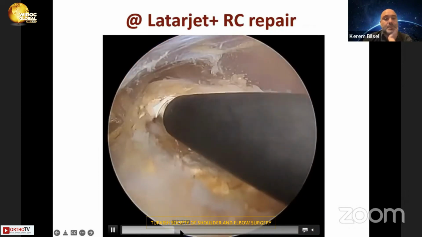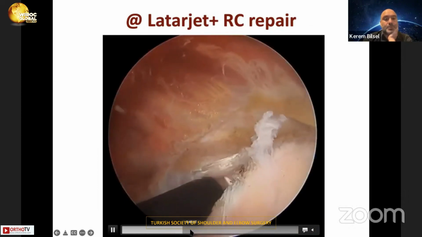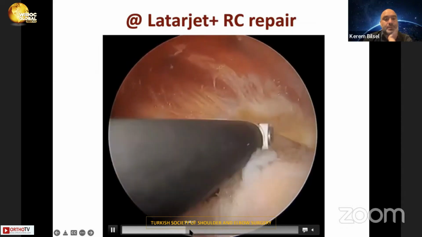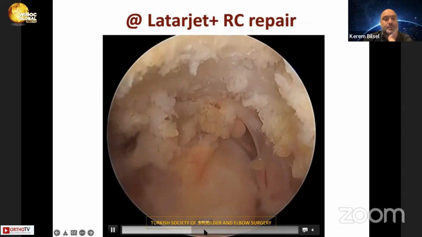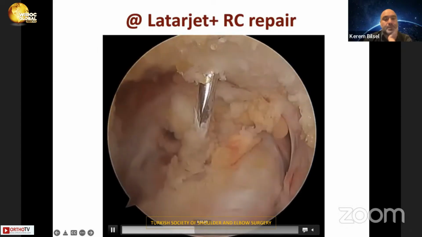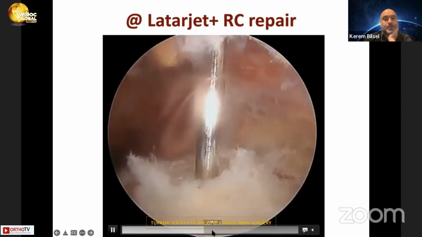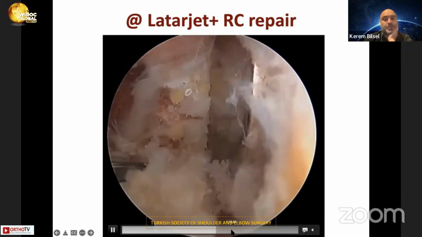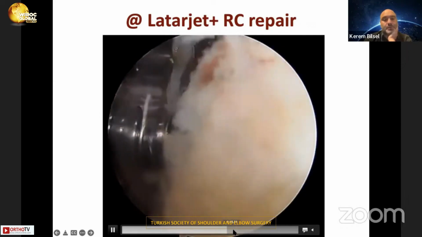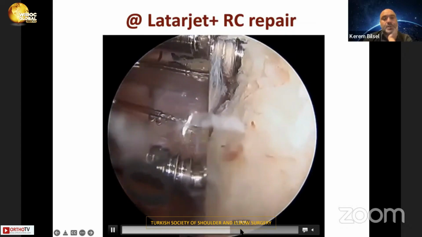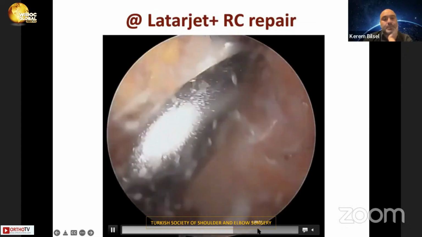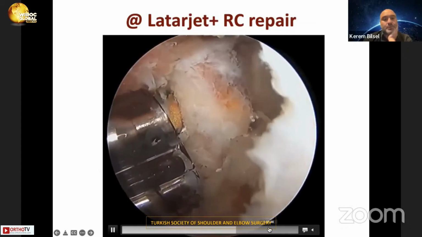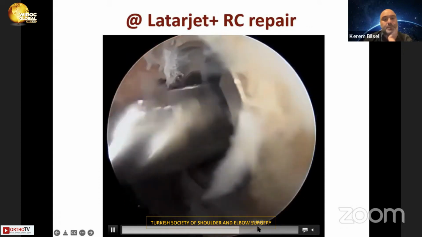And we dissect the coracoid process. We detach the pec minor, and we prepare the coracoid before the osteotomy. Then we do our osteotomy. Then we use the guide system, and we decorticate the undersurface of the bone.